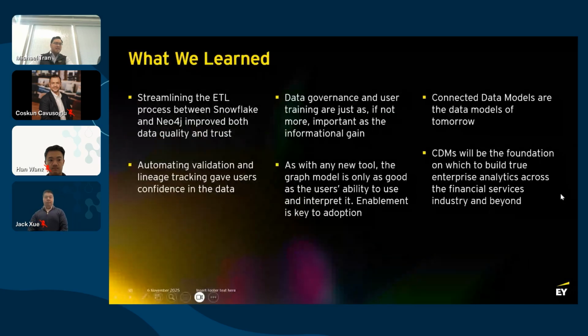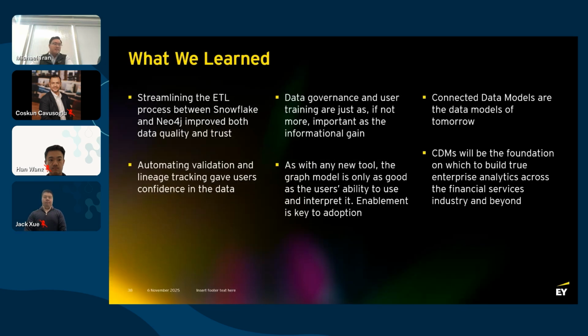Real quickly, some of the things we learned, some of the things that really helped drive stakeholder approval and excitement. Being able to trust the data in Snowflake, based on all of the data warehouse quality controls and governance controls we have around it, is what allows us to move quickly from there into the graph.